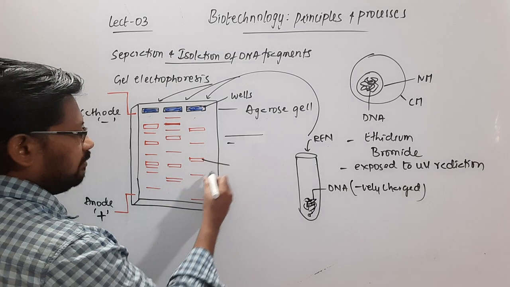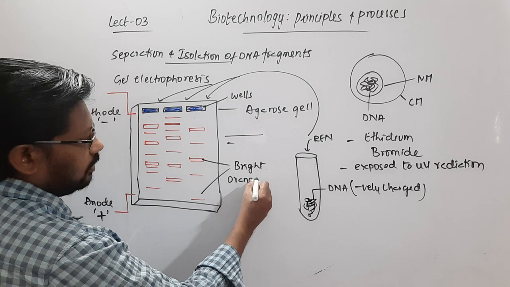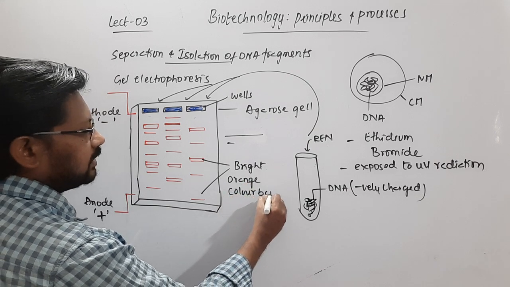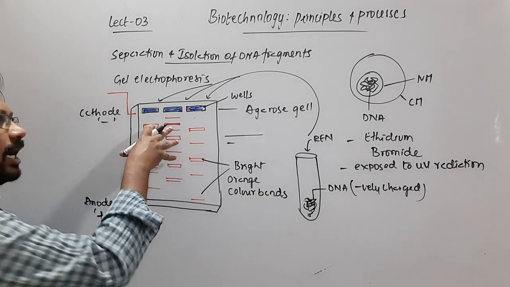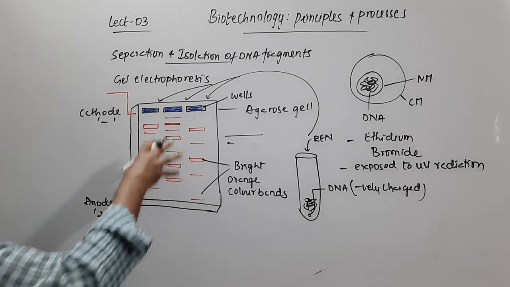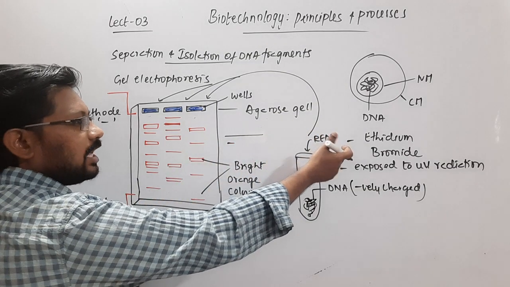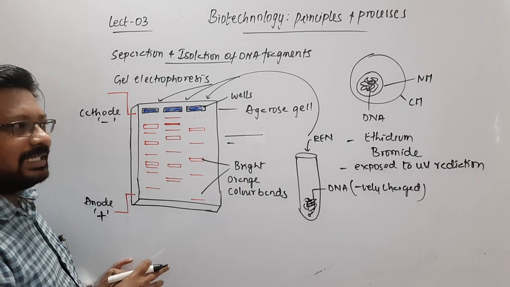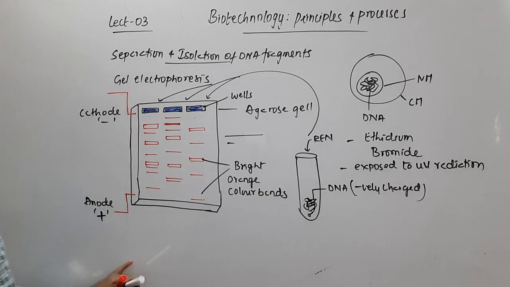So after I perform the electrophoresis, by supplying a small voltage, the DNA fragments will separate based on the size, and then later I'm going to apply ethidium bromide, and then expose it to ultraviolet radiation. Then I'll be able to see the bright orange colored bands.